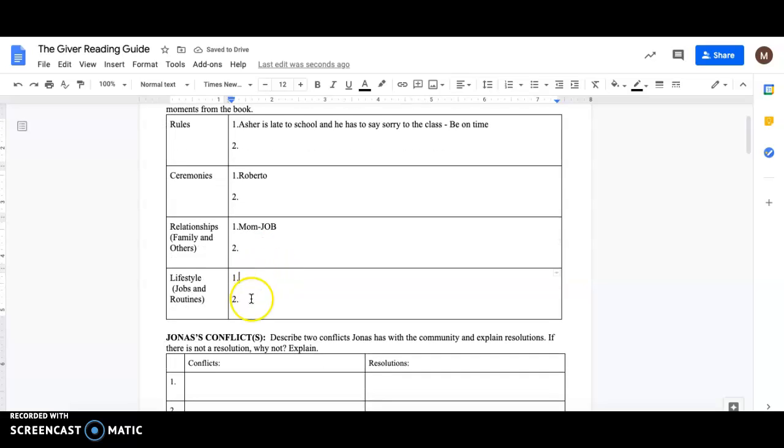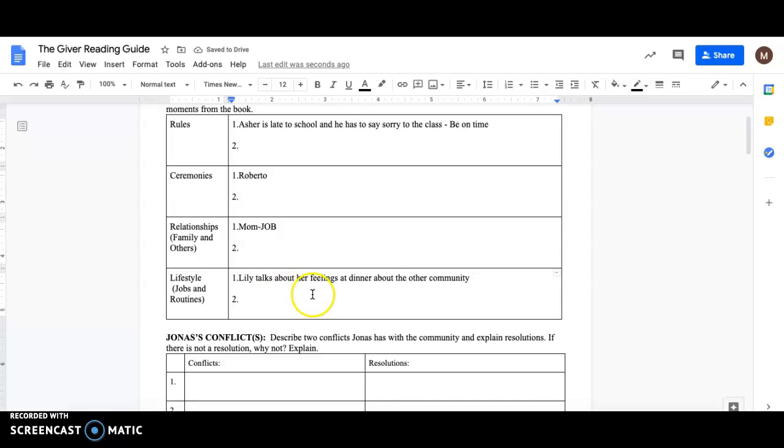For lifestyle, jobs, and routines, what's something that falls under that category? What do community members have to do? So maybe an example in this section is that Lily talks about her feelings at dinner about the other community.